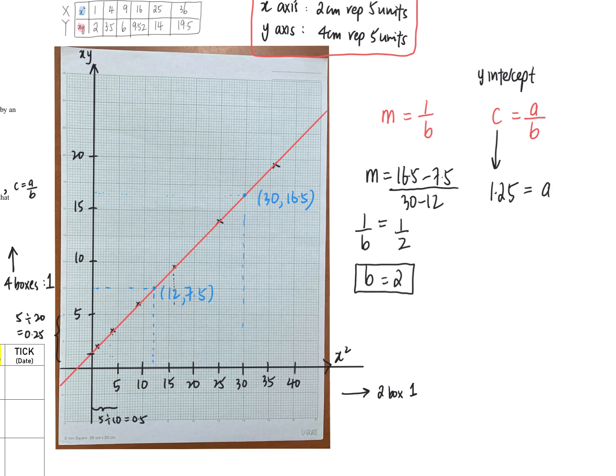And then A, I don't know, but B, I already solved, that is 2. So if I cross multiply, A will give me 2.5. Okay, so that's how you get the gradient and y-intercept value to determine your unknowns. So the concept is simple. It's just you linearizing and then using the new table of values, plot and estimate.